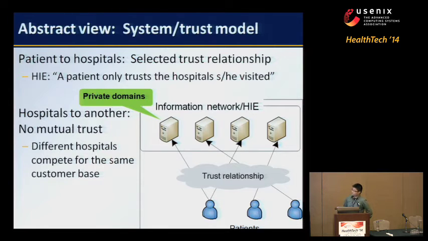Vertically between patient and hospitals, there is a selected trust relationship that is established. For example, a patient can choose which hospital to trust by visiting those hospitals. But for a hospital that the patient does not visit, there is no trust relationship.